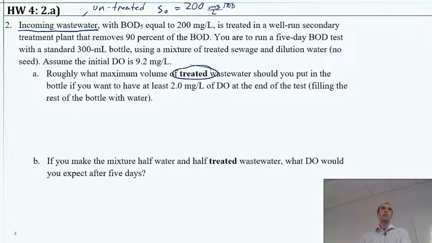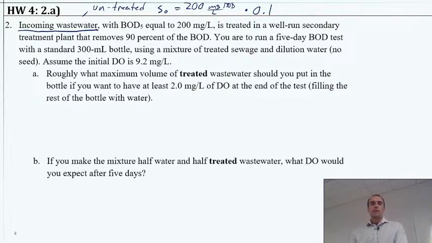So we have to do a small calculation to account for the treatment because we're doing our BOD test on treated water. So we have that 200 milligrams per liter, 90% of that is removed by the treatment. So we can multiply that by 0.1, because there'd be 10% of it remaining, to get our answer, right? We could also say 200 minus 0.9 times 200 would be the same thing.